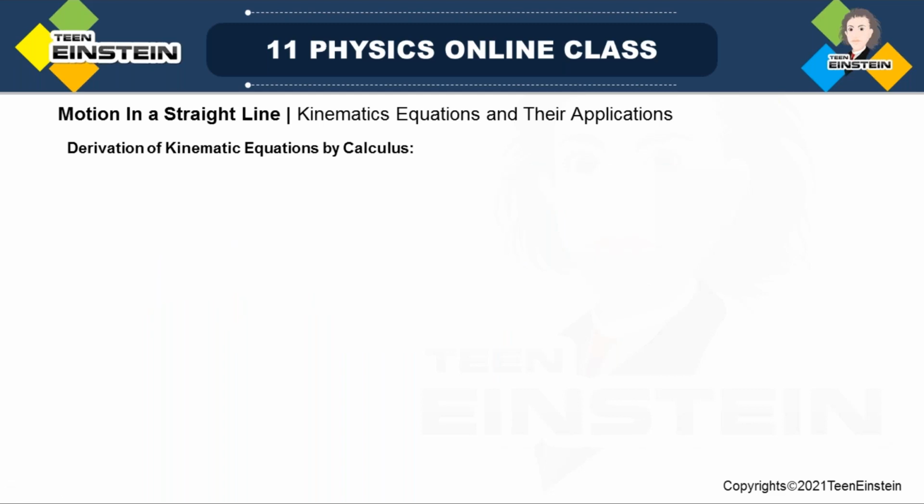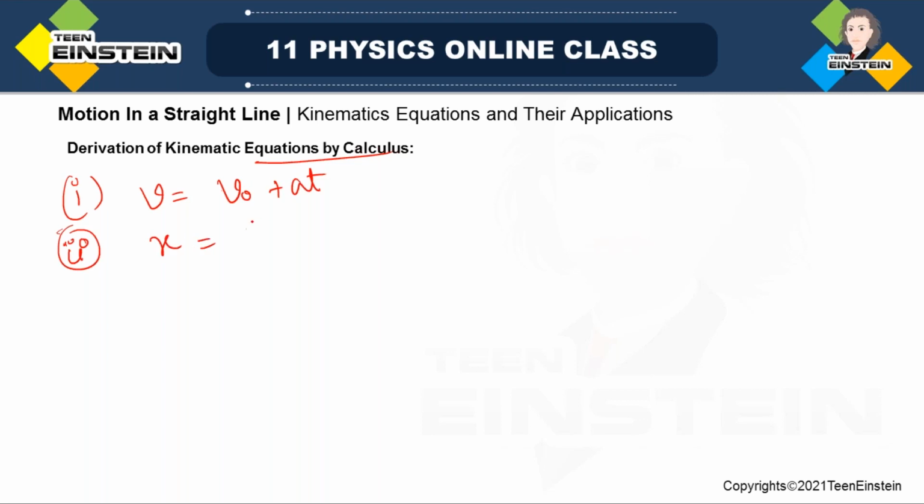Now I'll go to another topic. Sorry, not a new topic. This is actually the derivation of the same equations of motion if I do it by calculus. So my equations of motion I'll write over here once again. Final velocity is v0 plus a into t, where a is the average acceleration and t is the interval of time.